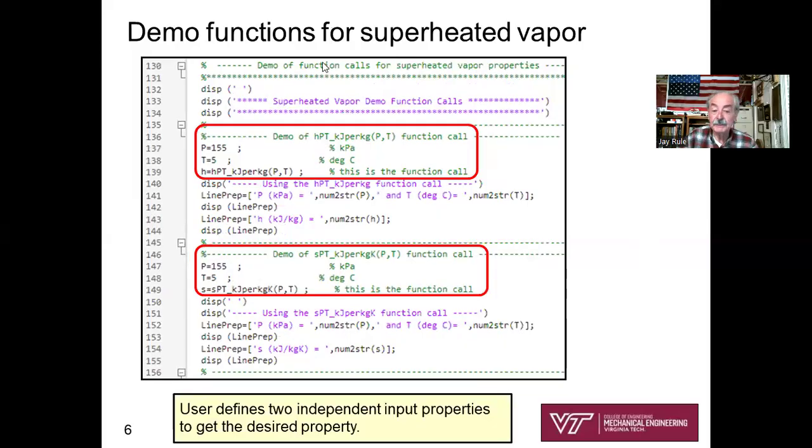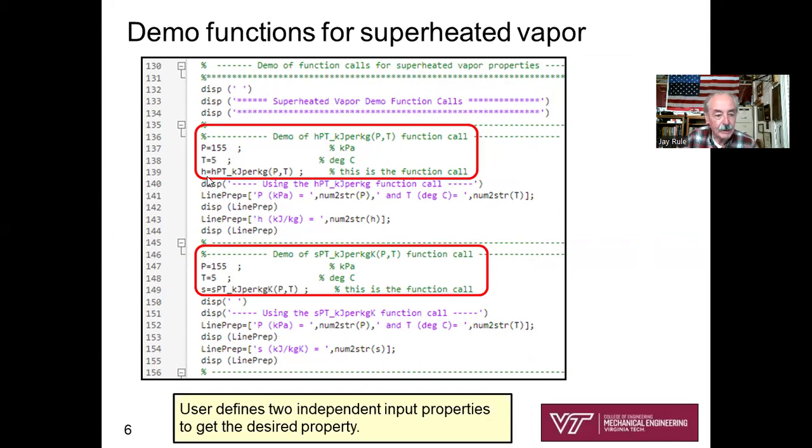Okay, we're moving on to demo function calls for superheated vapor. You get the idea. For superheated vapor, you've got to input two independent properties. In this case, I've got a pressure of 155 kPa and a temperature of 5 degrees C. Thank goodness I've got my units stated over here in a comment.